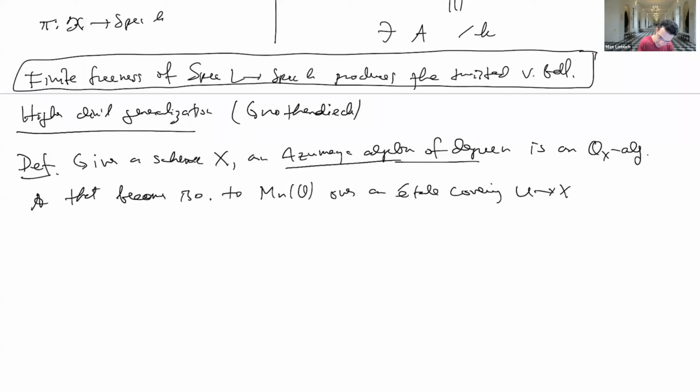And now, for those of you who are worried, n is a global section of the constant sheaf Z.